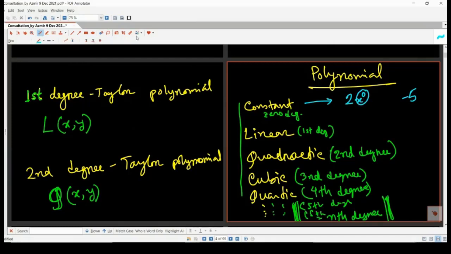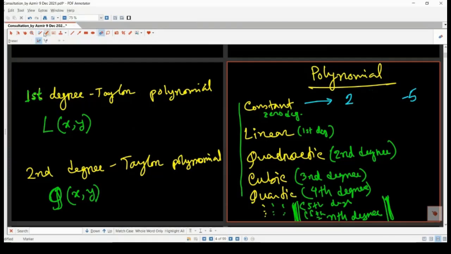So the highest power of x is 0. That's why it is zero degree. The highest power of x in a term is known as the degree of that polynomial. Since here we have x to the power 0, we can say zero degree polynomial or a constant.